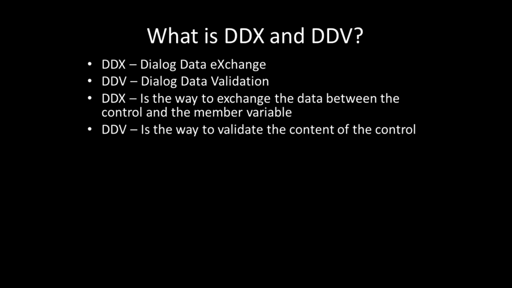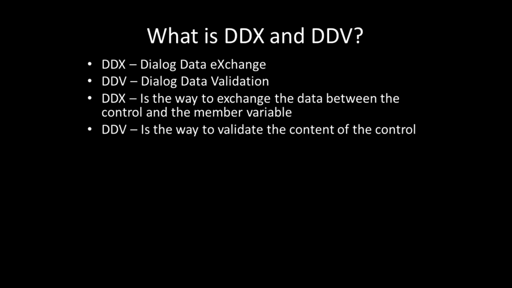DDV is a way to validate the content of the control. For example, assume you have an edit box control for entering the age. We all know that age is a number. So what if the user tries to put alphabets, right? For example, I give age as ABCD. It doesn't have any meaning, right?